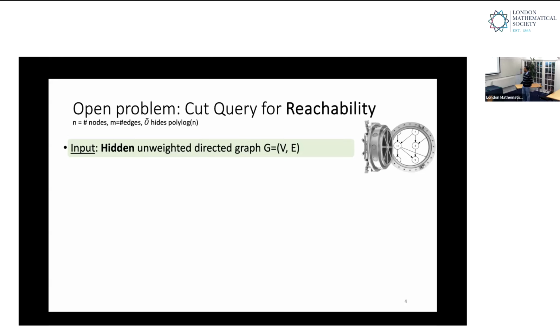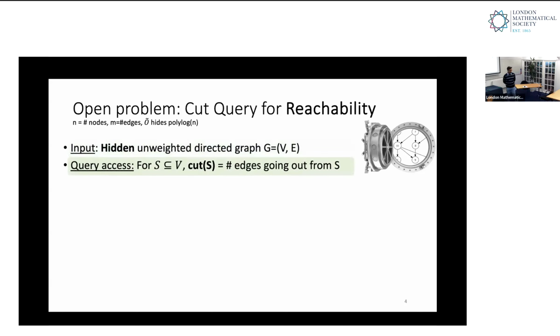You are given an input, an unweighted directed graph. You don't get to see the graph. It's hidden, and you have query access to it. What kind of query? A cut query. You can ask for a set of vertices, and it will tell you how many edges are going from that set to its complement.